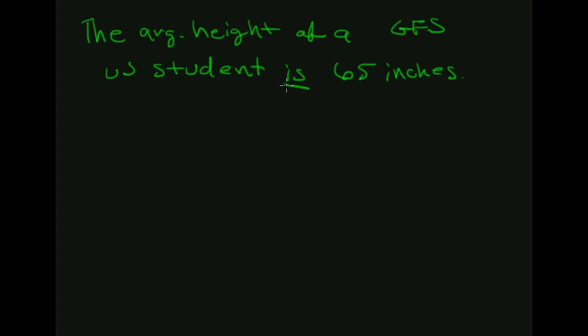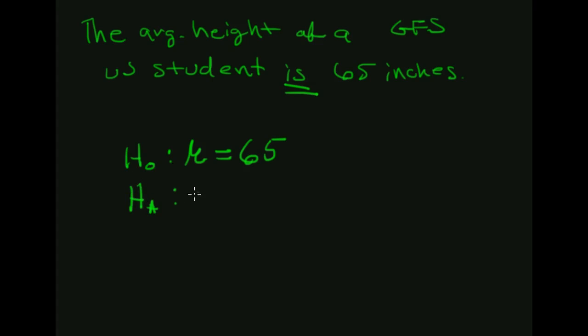Okay, so this is a statement of equality. So it's an "is" statement. So we're going to say that the mean is 65. Because it's a statement of equality, I put it in the null hypothesis.